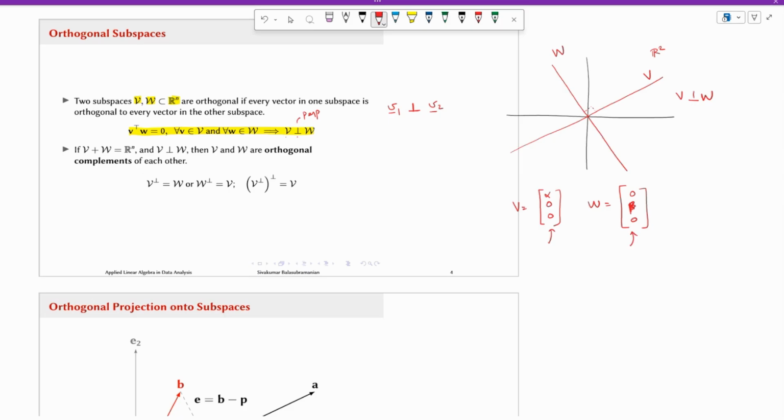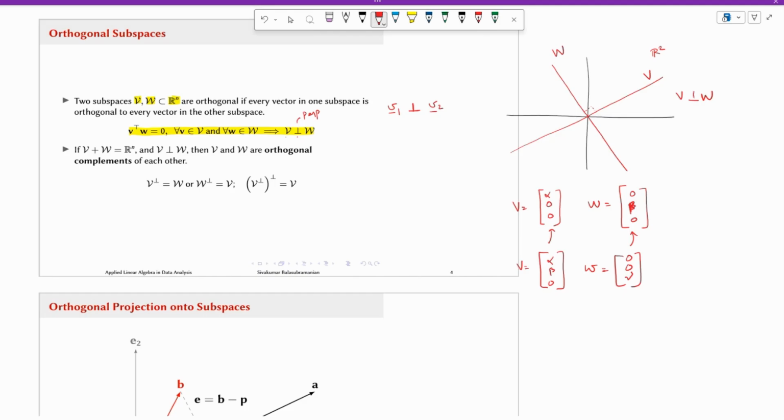This is any vector from the W subspace. If you take their inner product, it will definitely be 0. Okay. Similarly, the first example that we looked at was any element from the xy plane will be of this form. Right? Any element from the z line will be of this form. The inner product of these two will always be 0. Any vector you take from V will be orthogonal to any vector you take from W.